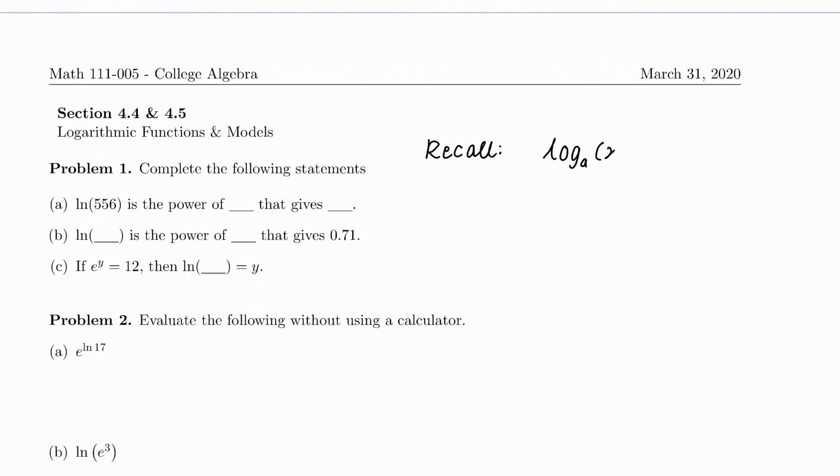Maybe log base a of x is equal to y, if and only if a to the y is equal to x. So here, ln of 556 just means log base e of 556. So it's going to be the power of e that gives us 556.